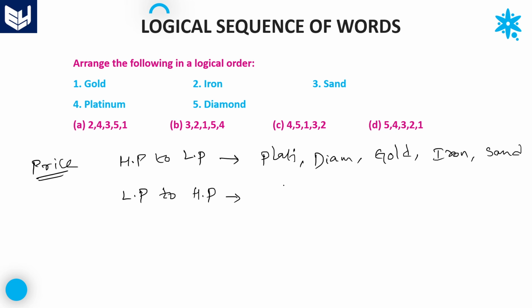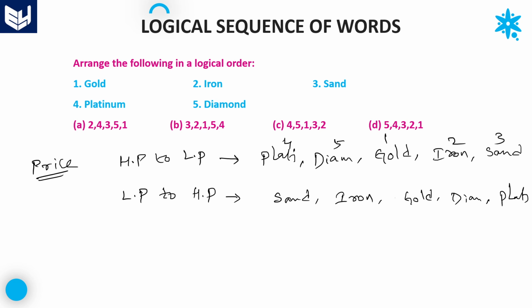So, if you want to write in reverse, lowest price to highest price, this is sand, next iron, after that gold, after that diamond, after that platinum. Platinum is highest. Write down their respective numbers: platinum is 4, diamond is 5, gold is 1, iron is 2, sand is 3.